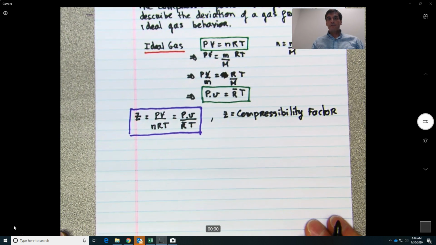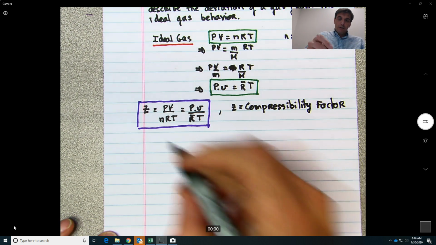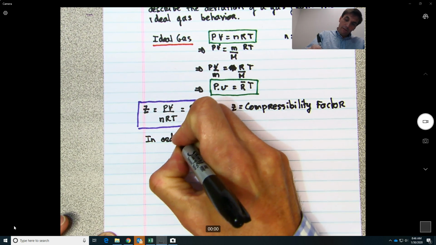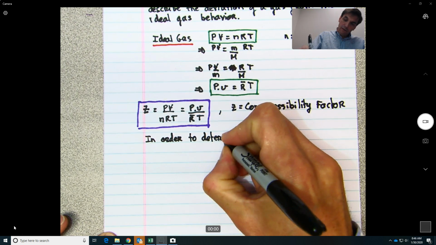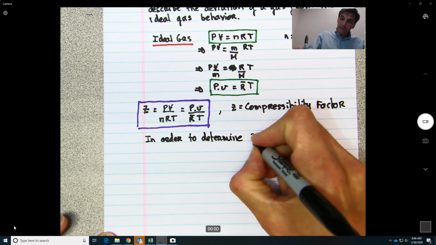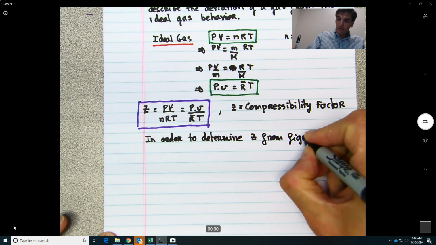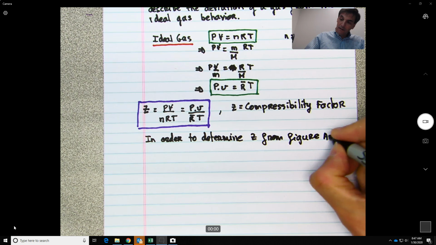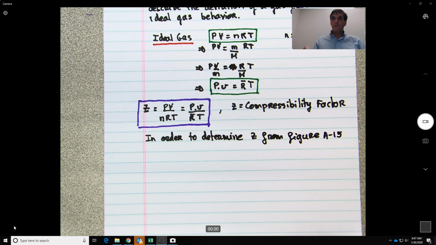So in order to determine Z from the figure, which in the tables will be A15, okay, I will attach it, we need to define two parameters.